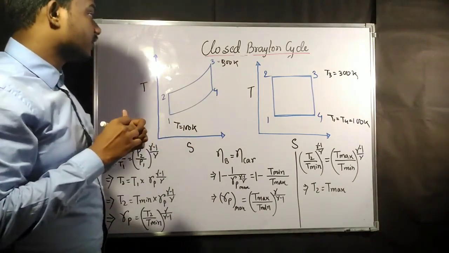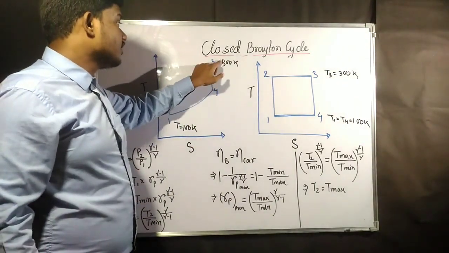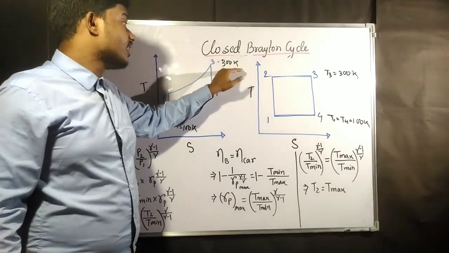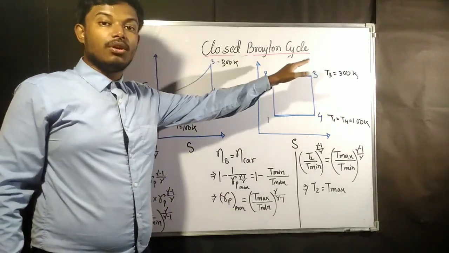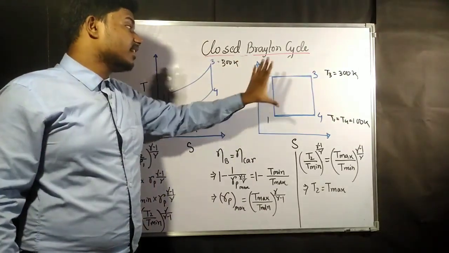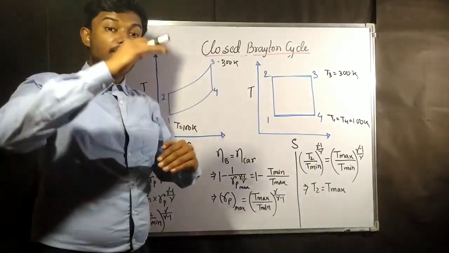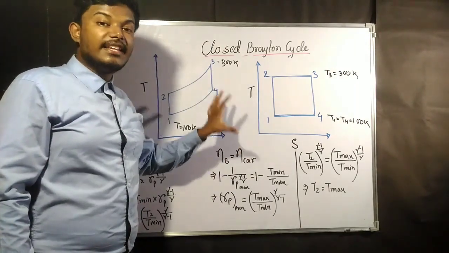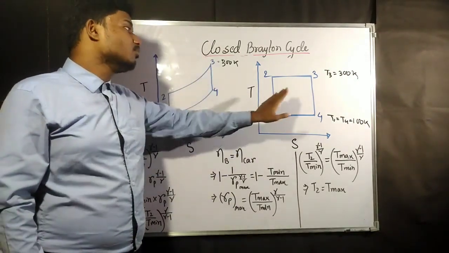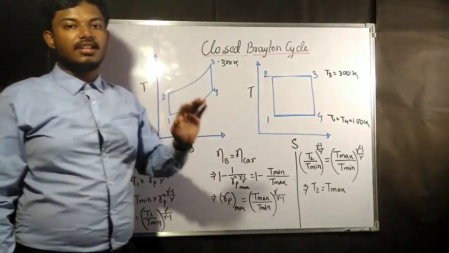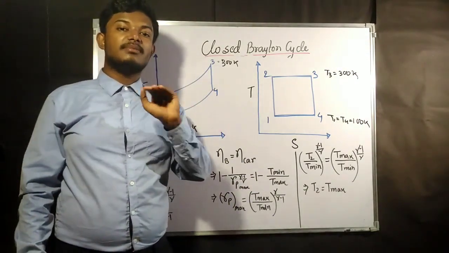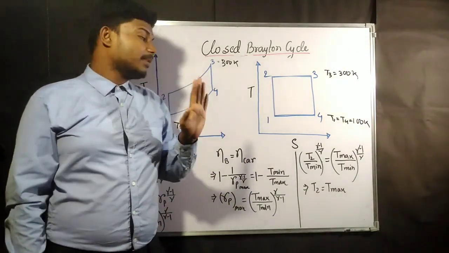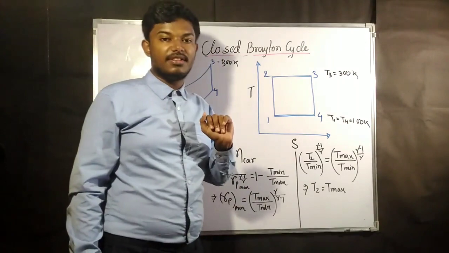In such conditions, the two temperature limits have the same value. If between two given temperature limits any engine is acting, that engine's efficiency is never going to be more than the Carnot cycle efficiency. Carnot cycle efficiency is the limiting efficiency, even for the Brayton cycle.